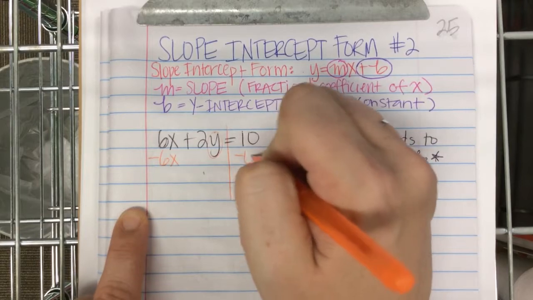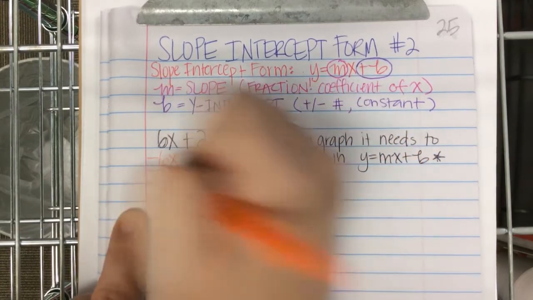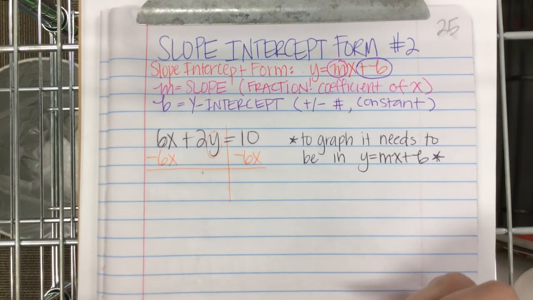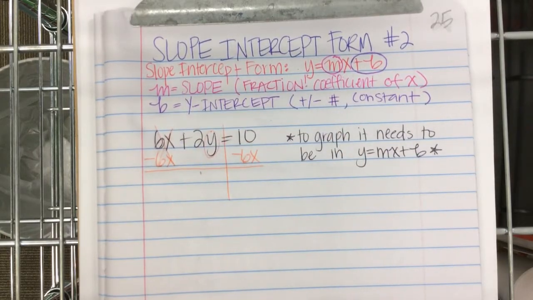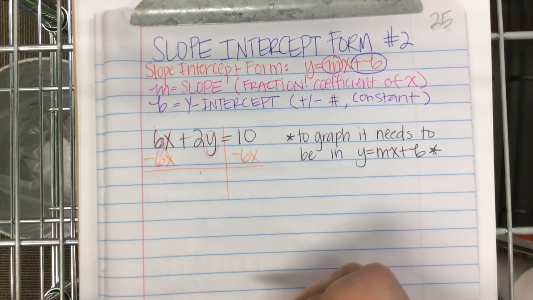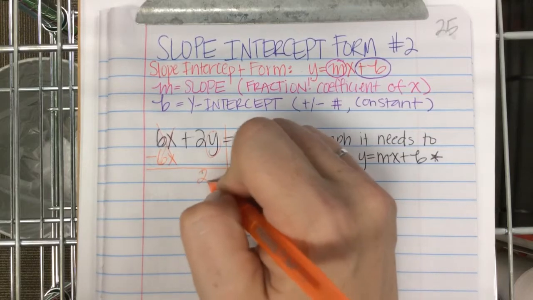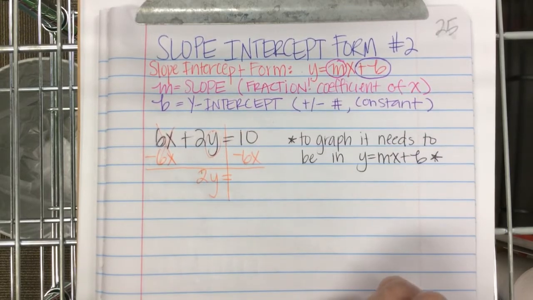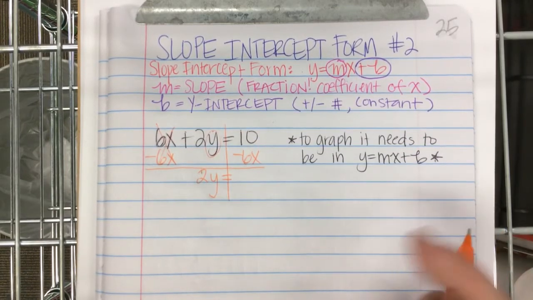So I subtract 6x from both sides. And on the left side, I'm left with 2y equals. And on the right side, what do I have?